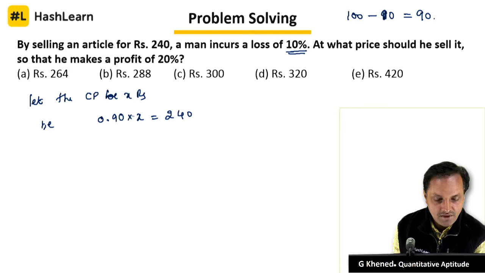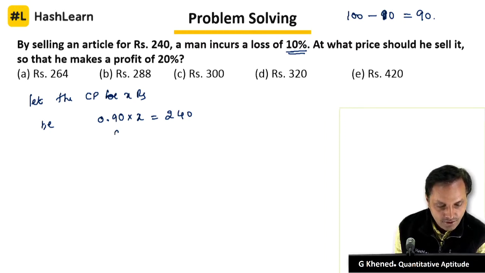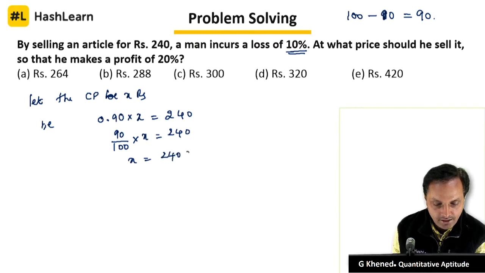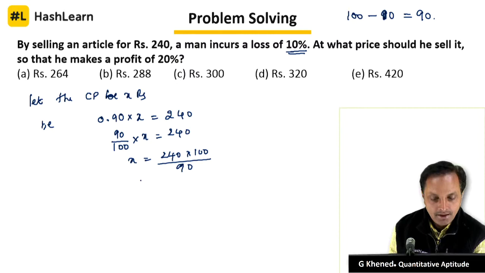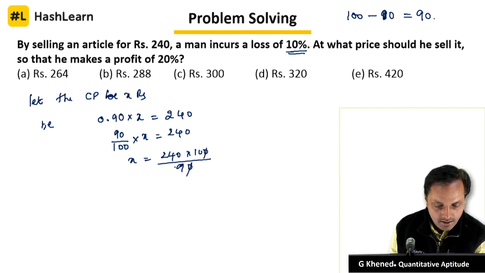So 0.9 into X is equal to 240. You can write it as 90 by 100 into X is equal to 240. Your X will be 240 into 100 divided by 90. You can cancel this. 3 3s are 9. 3 8s are 24.